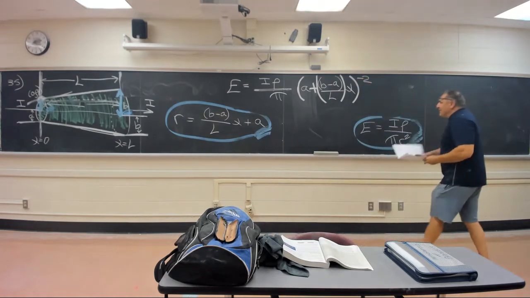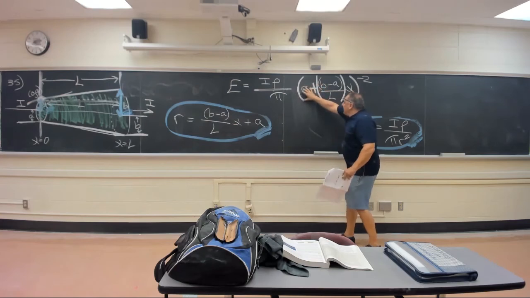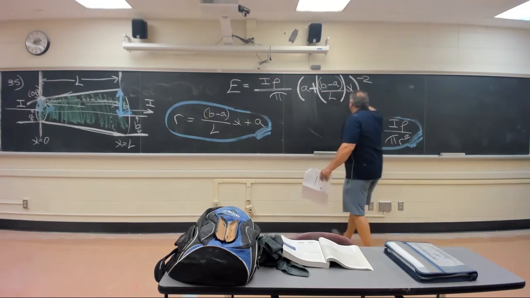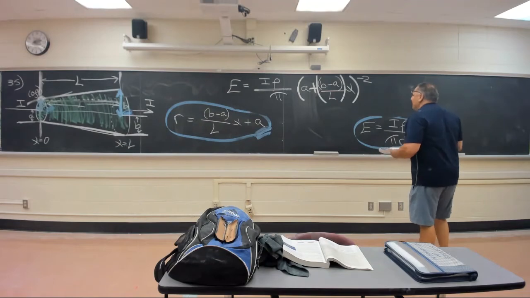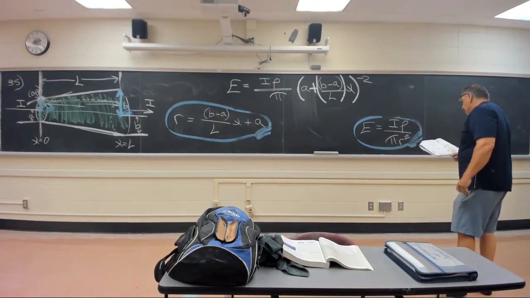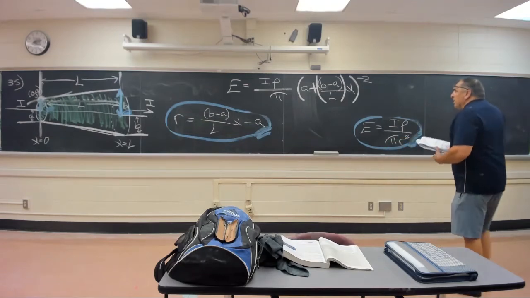Why is that? Well, this is R, and then this thing is R, and if you square it, you get R squared. But I want it on the bottom here, and I don't have room, so I wrote it to the negative 2. Okay, great.